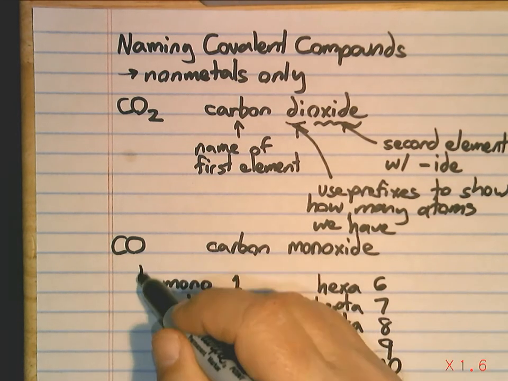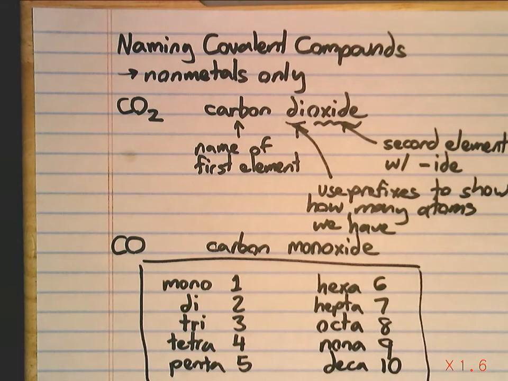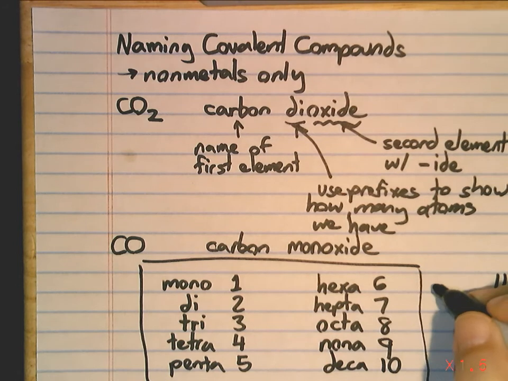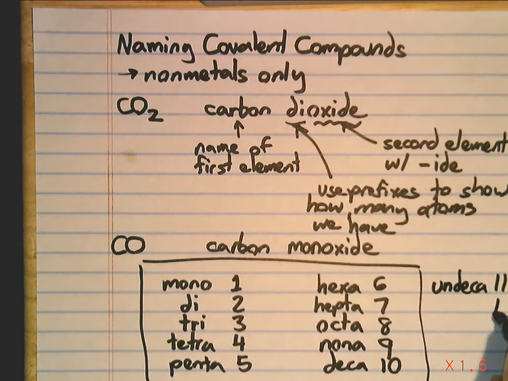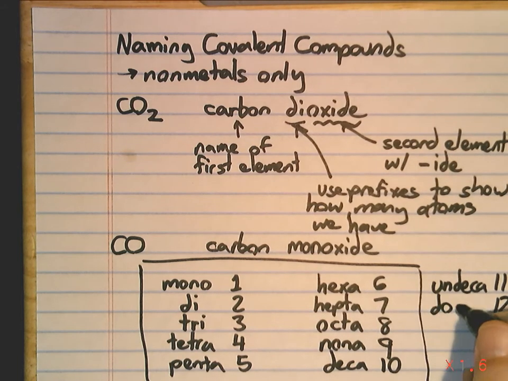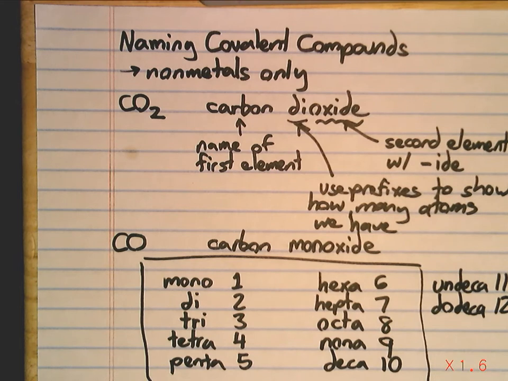I need you to know these. So I'm going to put a box around them. There are a couple of other ones that you may encounter in real life, but you don't have to know them. For example, you want to keep going. 11 is undeca, and 12 is dodeca. But that's enough. If we can do the first 10, I'm going to be happy.